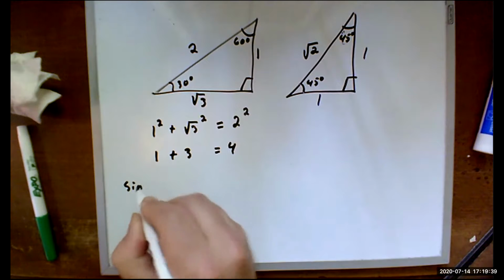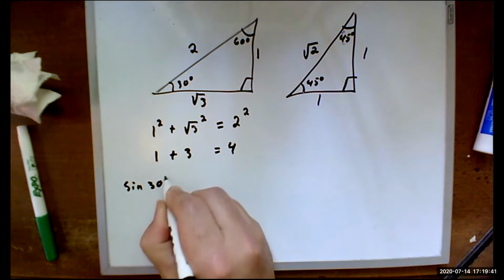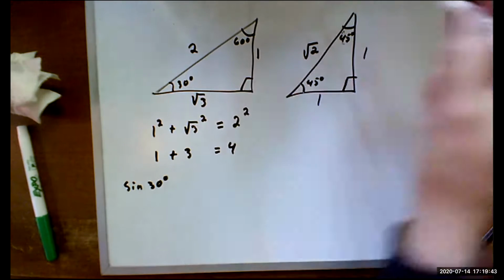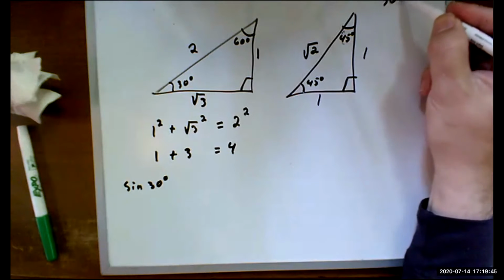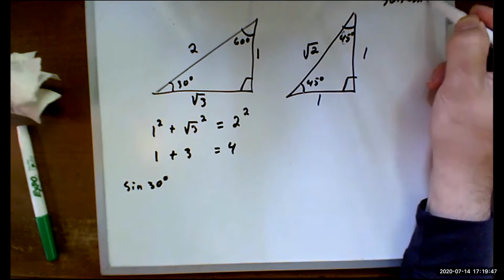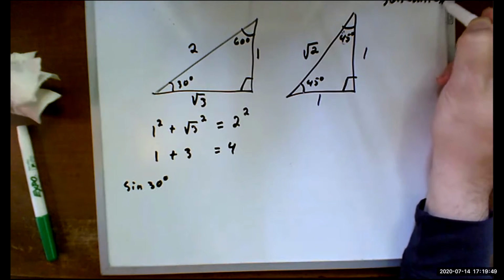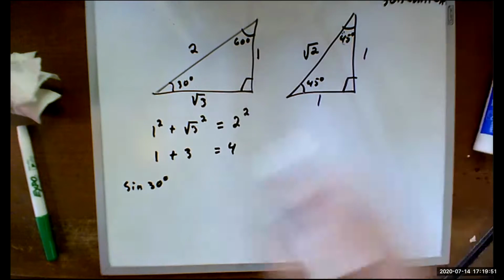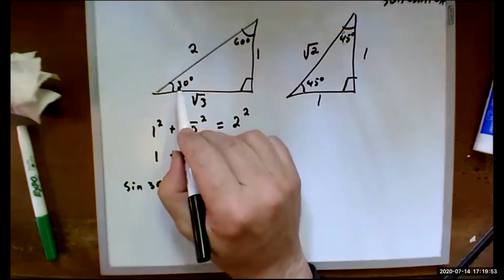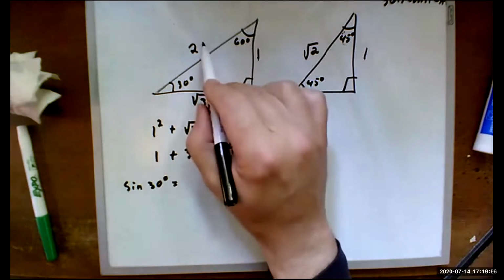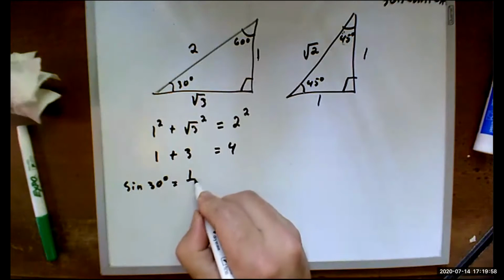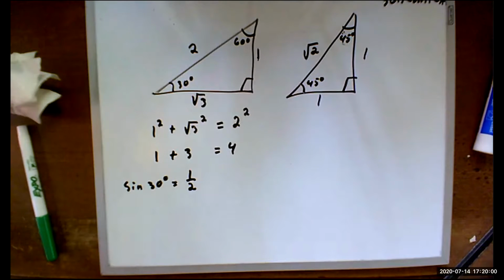So for example, I can then say that the sine of 30 degrees, I'm just going to write this up over here so we can refer to it. Sine is opposite over hypotenuse. There's my 30 degrees. There's my opposite. There's my hypotenuse. So the sine of 30 degrees is 1 over 2.